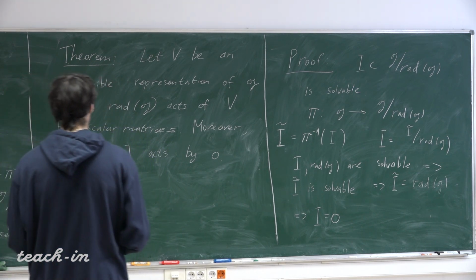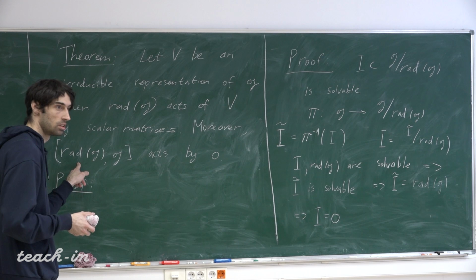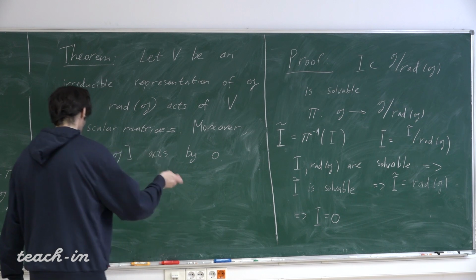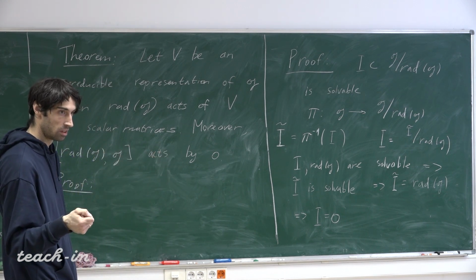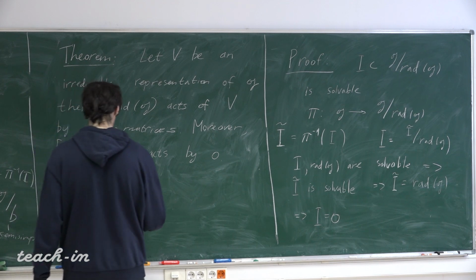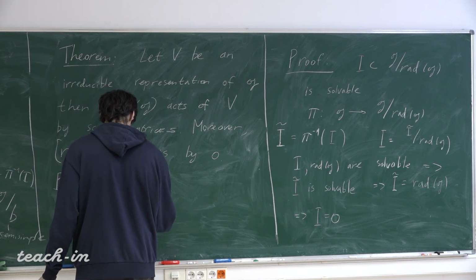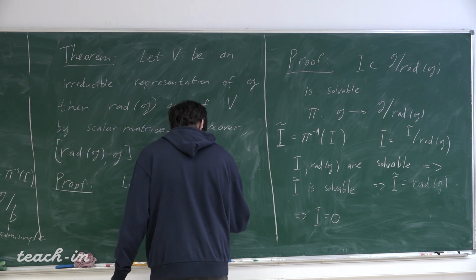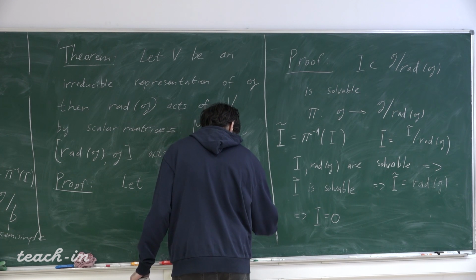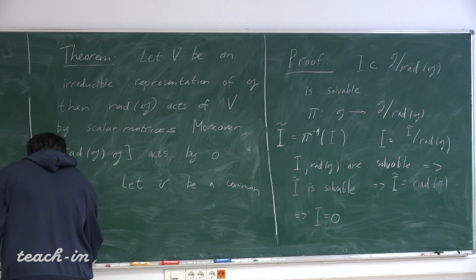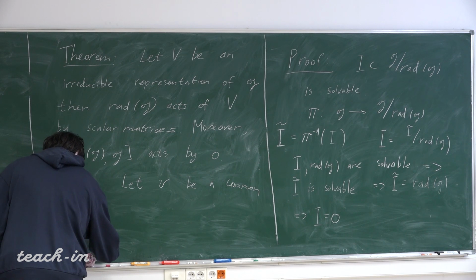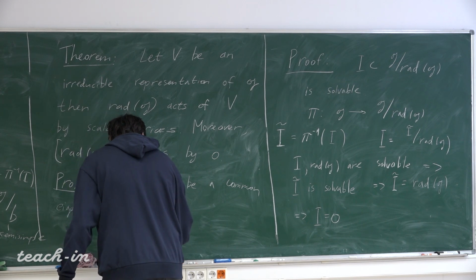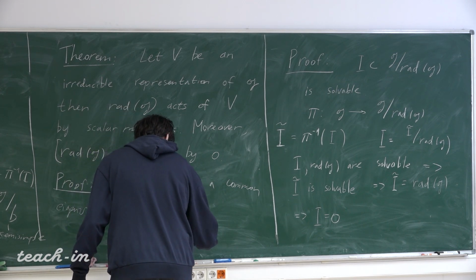We have a solvable Lie algebra, which is the radical, and let us take this common eigenvector. So let V be a common eigenvector for the radical of G.